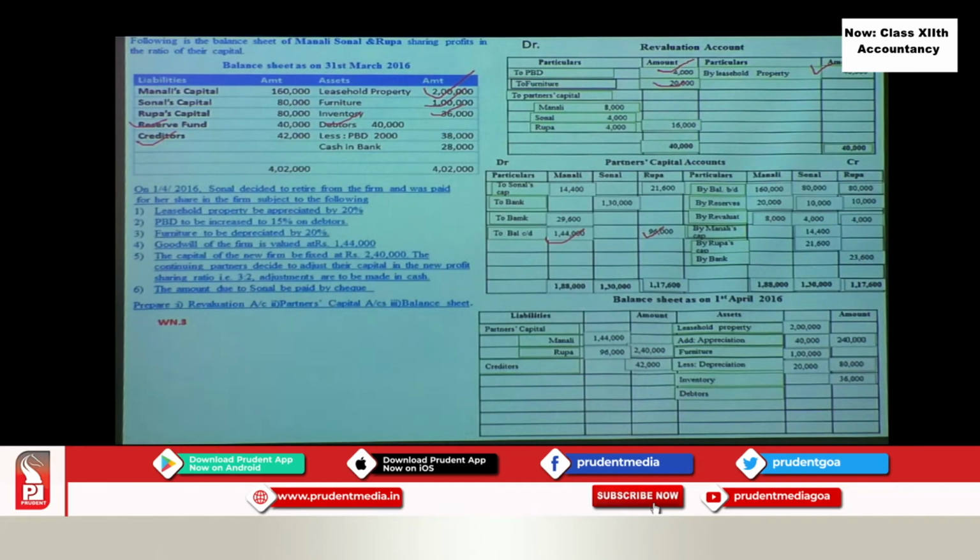So already there is provision, plus 4,000 added, so it is increased to 6,000. Now we have to record debtors 40,000 and PBD is to be decreased by 6,000, and the net amount we record in the outer column as rupees 34,000.